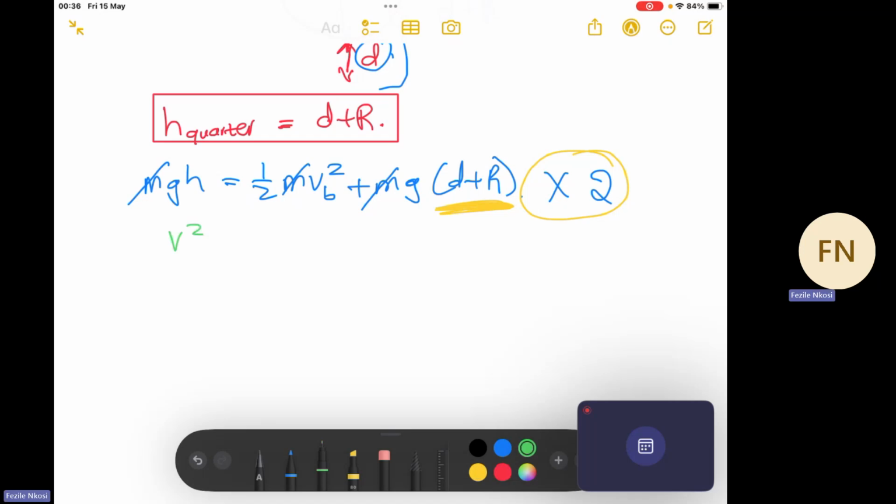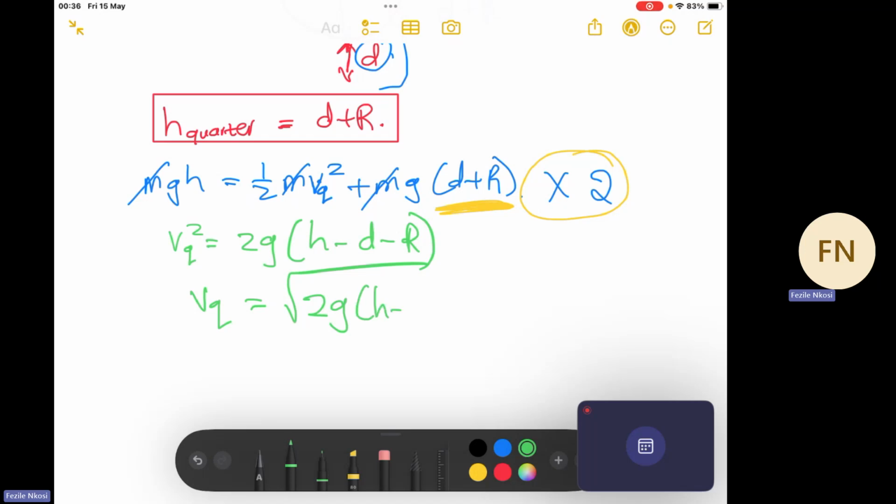V squared, oh no, this is not bottom, but for quarter. So V squared at the quarter equals 2g times h minus d minus r. Yeah, I think this is correct. Let me double check so I don't make mistakes. Yeah, I think this is correct.